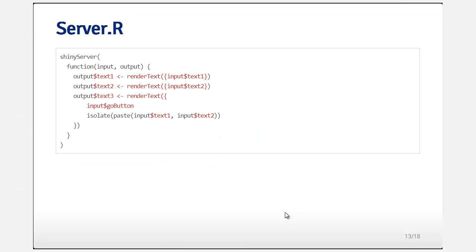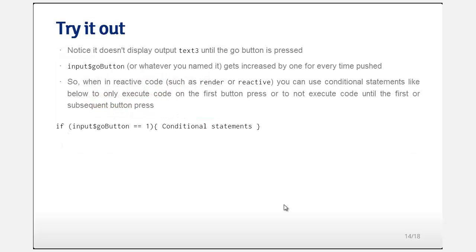And let's see, so I have another example here. I tried to just discuss what we saw. It doesn't display text3 until the go button is pressed. The variable input go button gets incremented every single time you press the button.